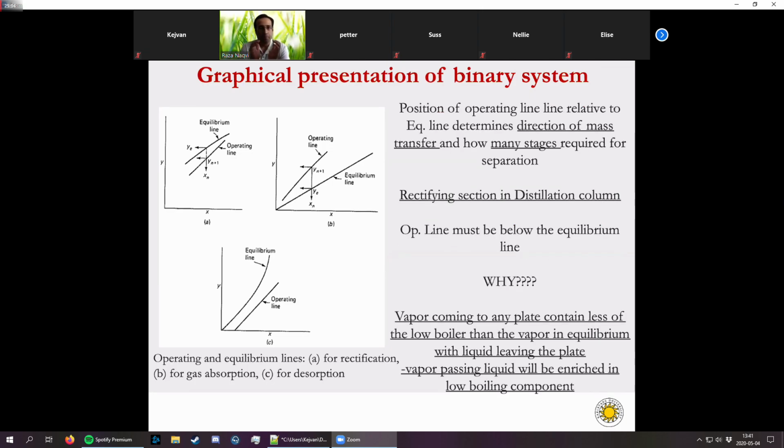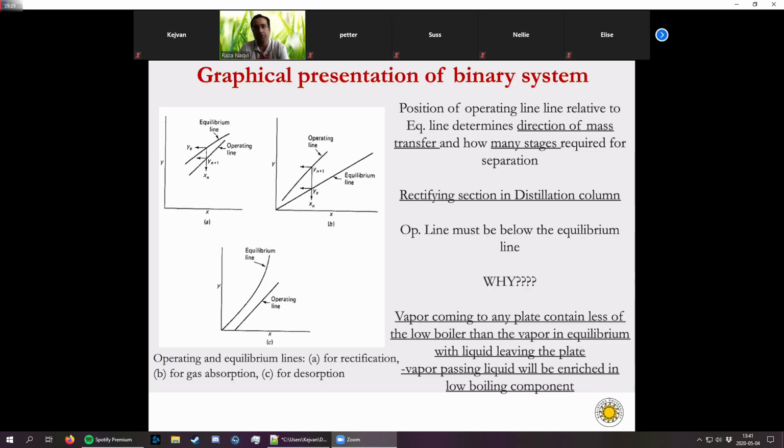Now, the position of the operating line gives us information about the driving forces between the liquid phase and the vapor phase, right? One thing that you have to understand is that in the rectifying section of the distillation column, the operating line is always below the equilibrium curve.